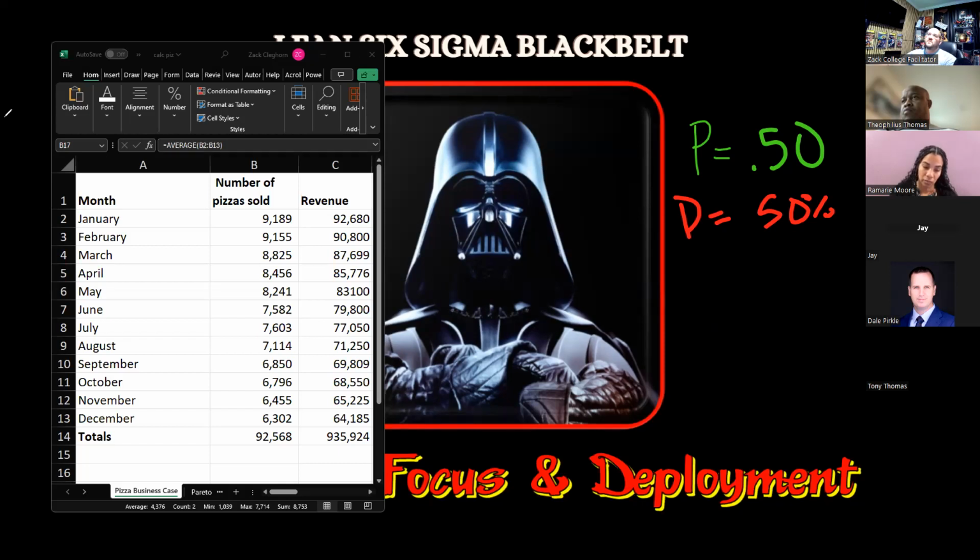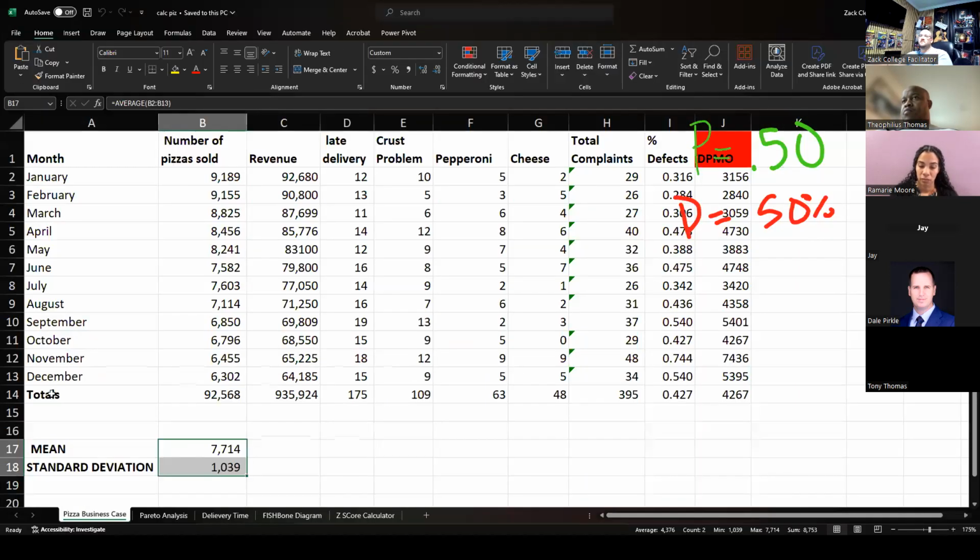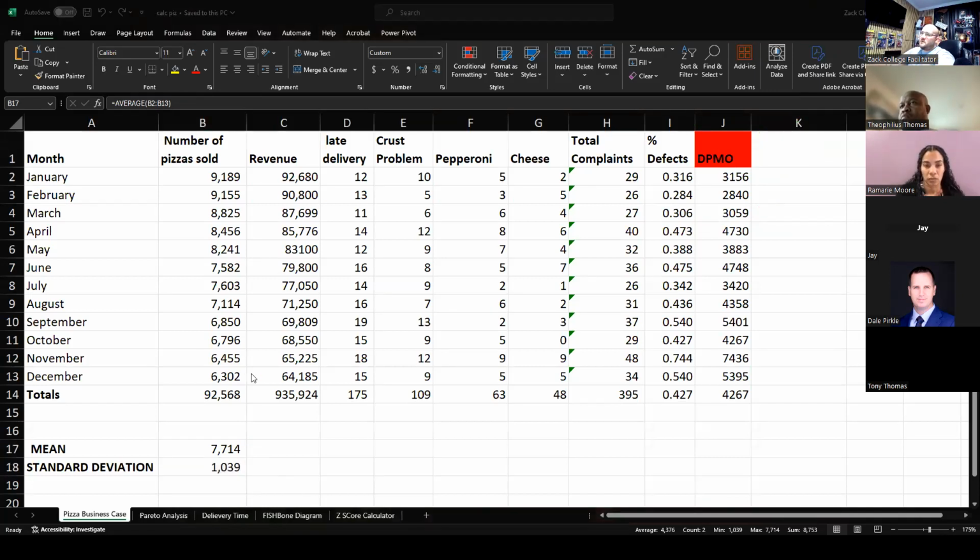In the last session, we talked about this case where we were helping Mr. Pepperoni out with our pizza business case, right?